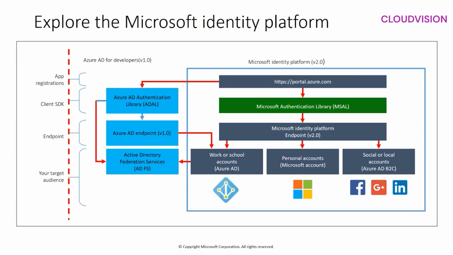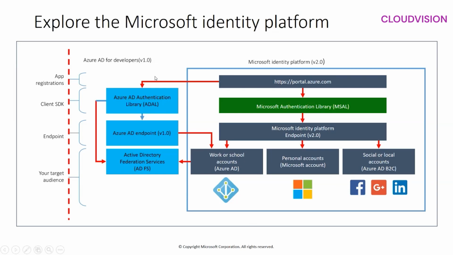Now, Identity Platform version 2 has inbuilt capability to work with the Azure AD accounts, which the old platform was providing to you. If Identity Platform version 2 gives you the old support, why are we explicitly managing Azure AD for developers as well?